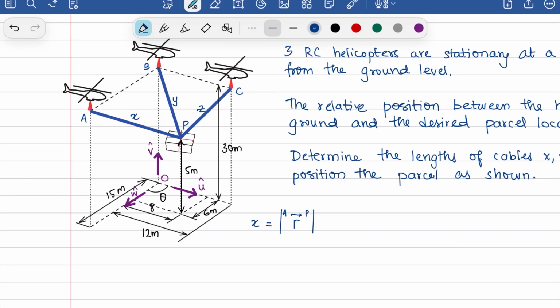Similarly, y is the magnitude of the vector from B to P, and so on.